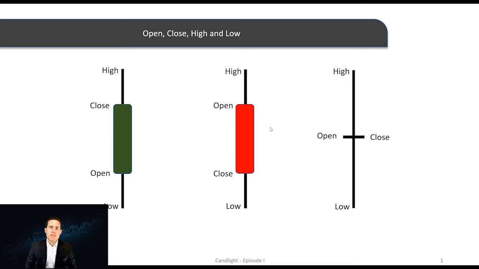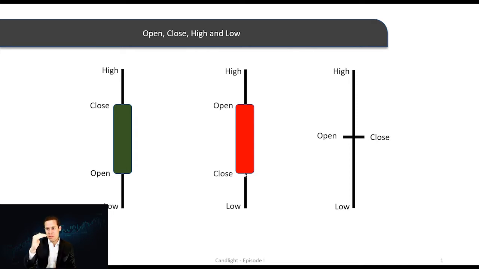A bearish candle is pretty much the inverse of a bullish candle. The only difference between a bullish candle and a bearish candle is price opens at a certain price point and then falls to close below the open.